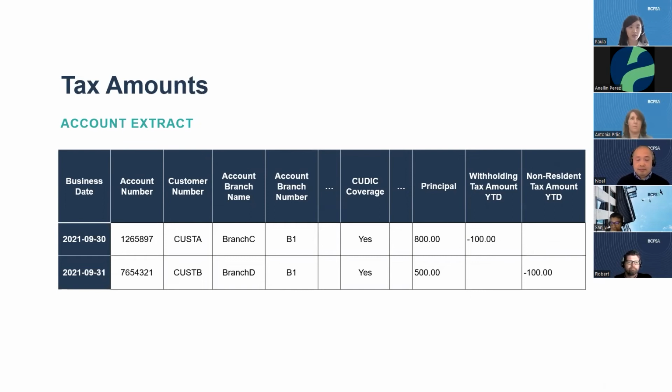This means that in the final payment, the amount will be deducted from the principal amount. For example, on the first row, the final payment will be $700 from 800 subtracted by 100. And on the second row, the final payment will be $400 from 500 subtracted by $100, all else being equal. That's the end of this slide.